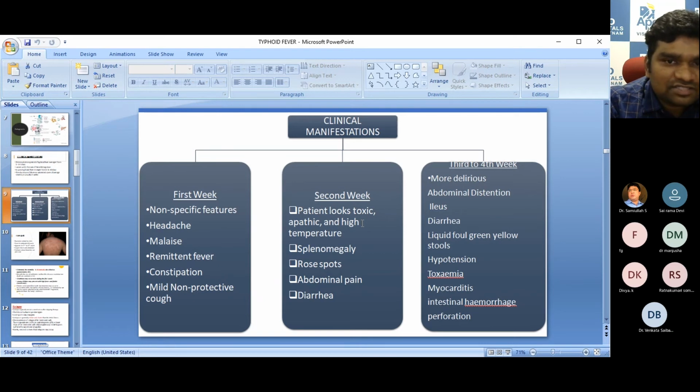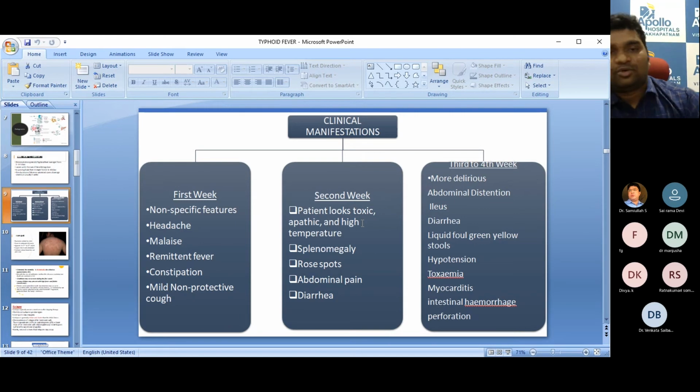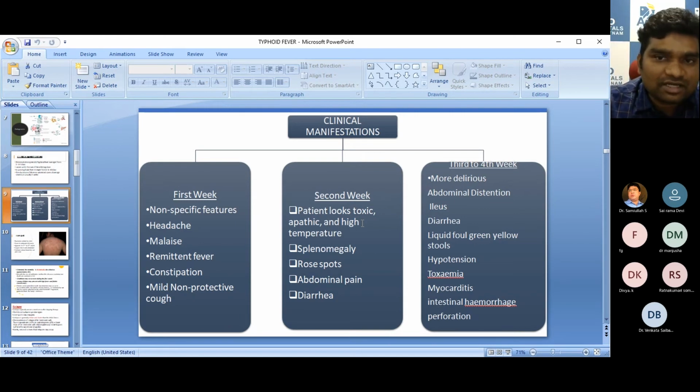During the second week, the patient looks more toxic and apathetic, with high grade temperature. Rose spots appear in the second to third week. Splenomegaly, abdominal pain, and diarrhea can occur in the second week, and diarrhea can also occur in the first week.